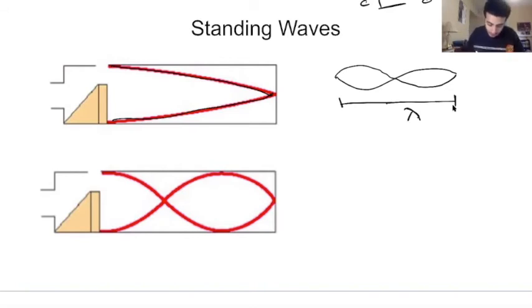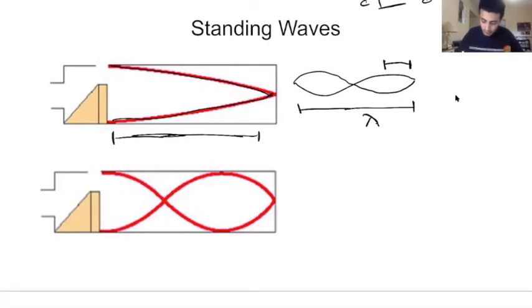Now what we see here is really this portion. This portion is a fourth of this entire wavelength.